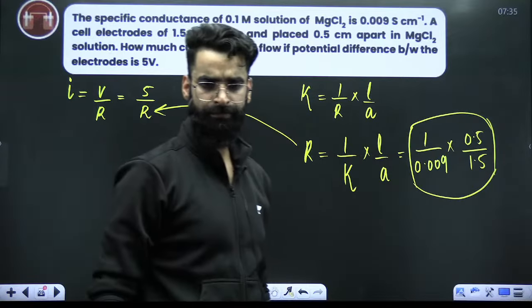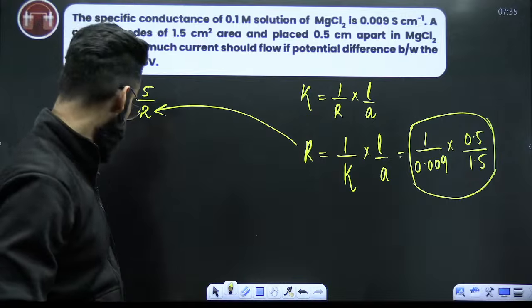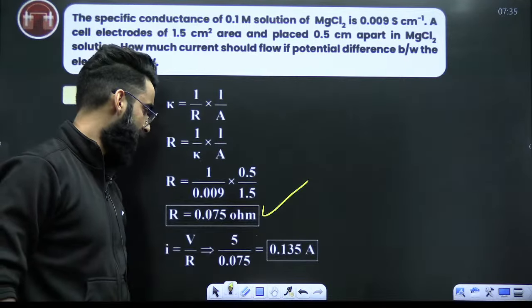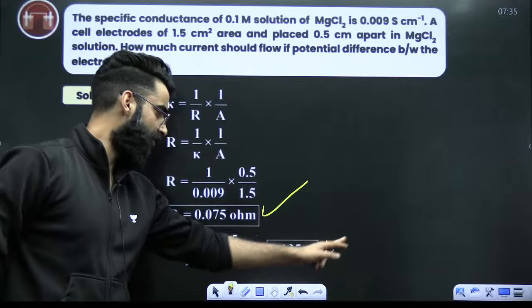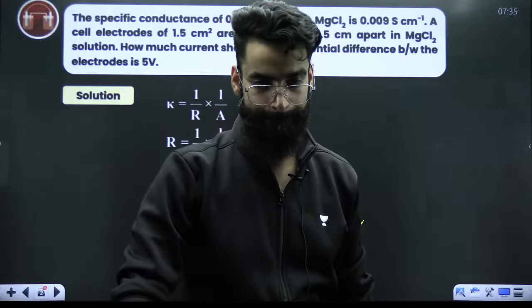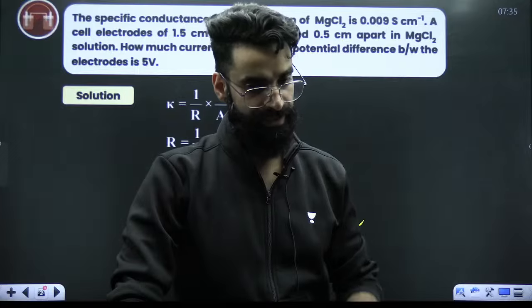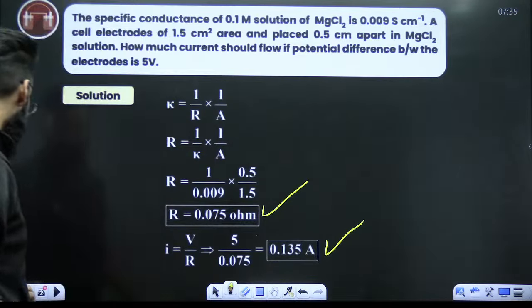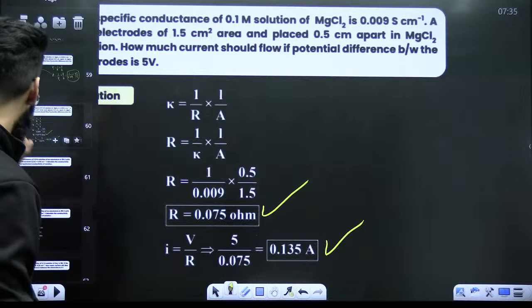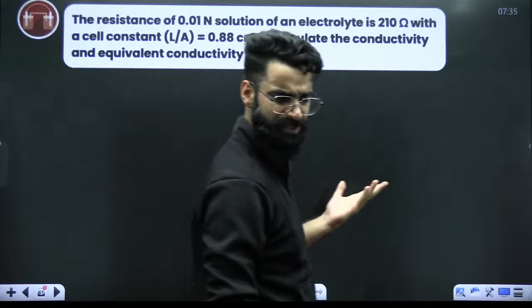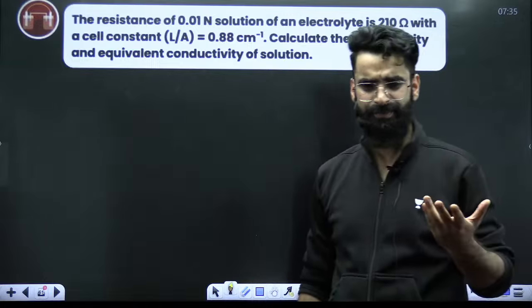Are you getting this, people? Right? So resistance is coming as 0.075 ohm and current is coming out to be 0.135 ampere. I believe it's clear to everyone. Okay? Let's solve one more question. Look at this. You can easily solve this as well. Now these are simple questions.